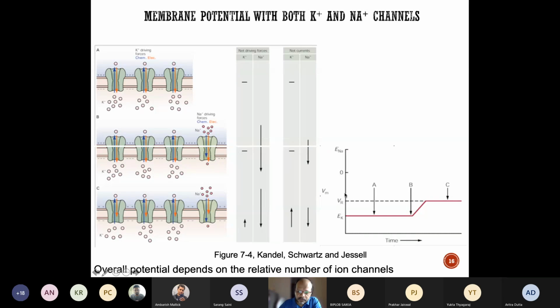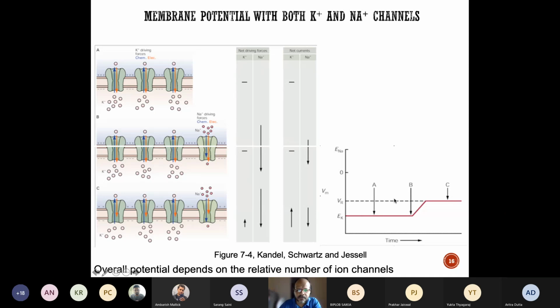Okay, so only when the cell is at the equilibrium potential of a particular ion is that particular ion at equilibrium. So when your resting state is between EK and ENa, then neither K nor Na is at equilibrium, which means that their currents are not zero, but the sum of the currents that you see here is zero.